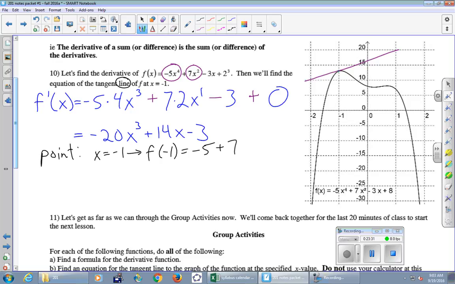And then minus 3 times negative 1 becomes, so this is now a negative 1. Minus 3 or plus 3? Plus 3, right? And then finally plus 2 cubed. 2 cubed is 8. So we crunch the numbers, no calculator here. I think it's 13, is that right? Okay.